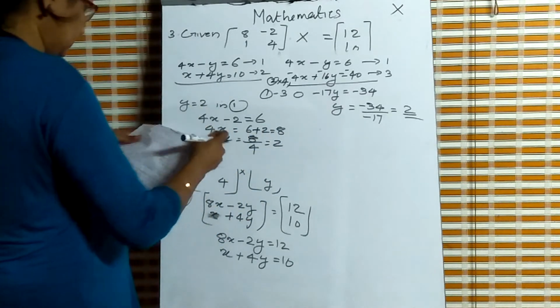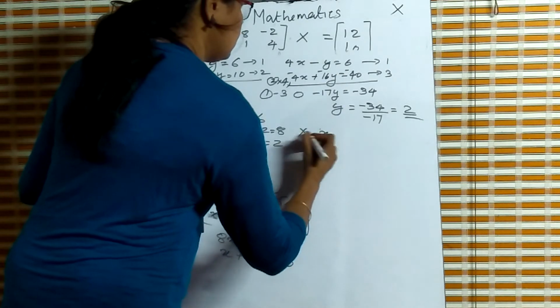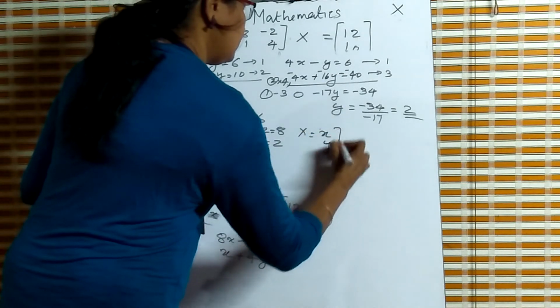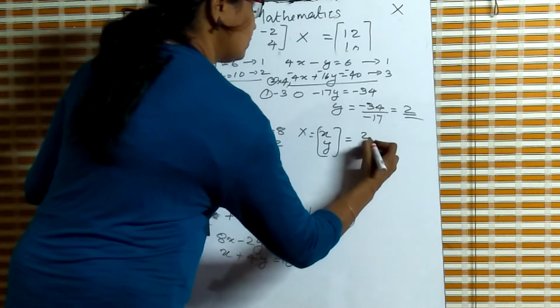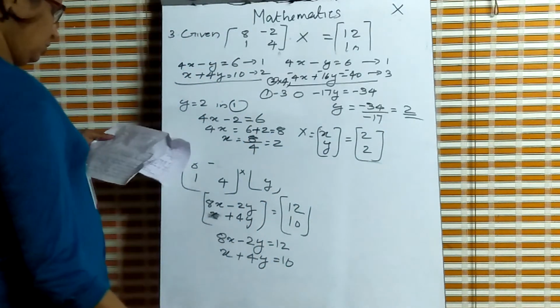So our X, xy, is equal to the matrix 2, 2.